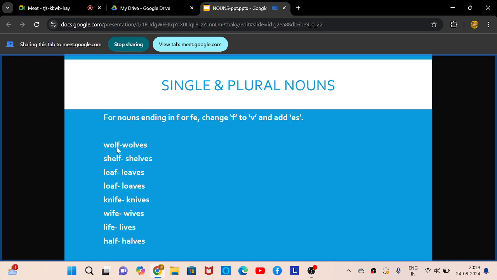So just take away that f, replace it with v and add es. Loaf is nothing but a loaf of bread, a packet of bread. Similarly knives, wives, lives, halves, here also we have done the same procedure.